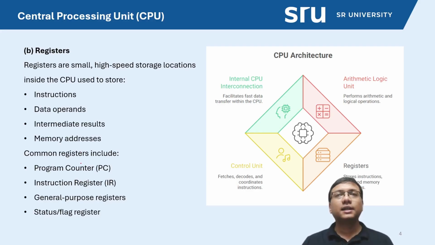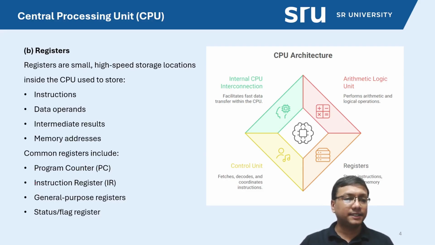We know about memory, which is connected externally to the CPU. But within the CPU also, there are some small high speed storage locations. These are not called memory. These are called registers.